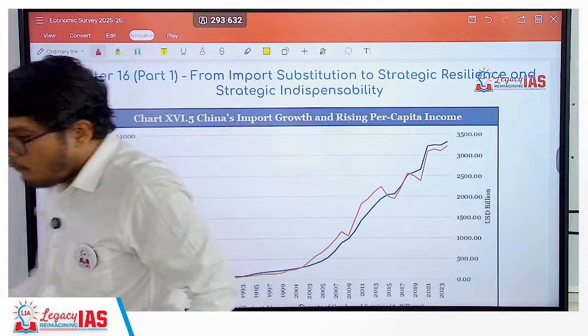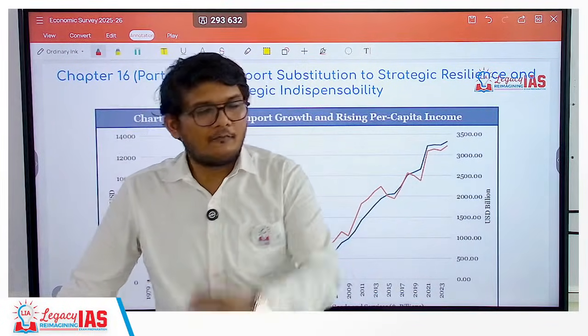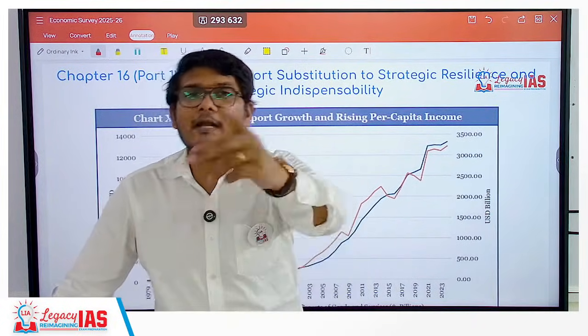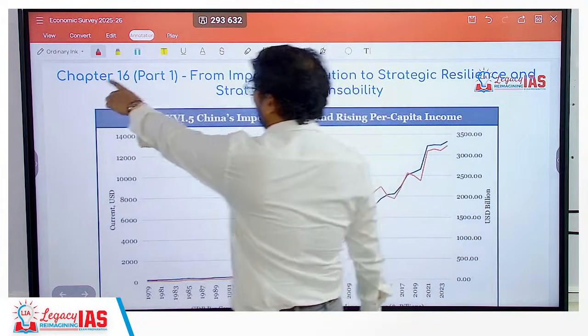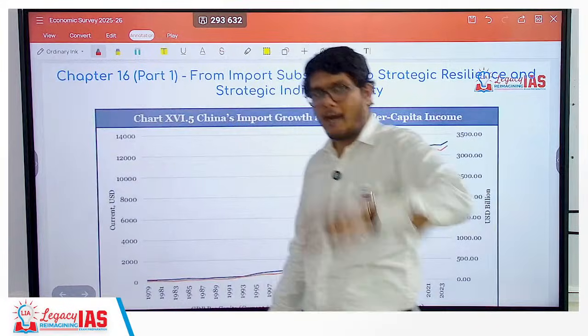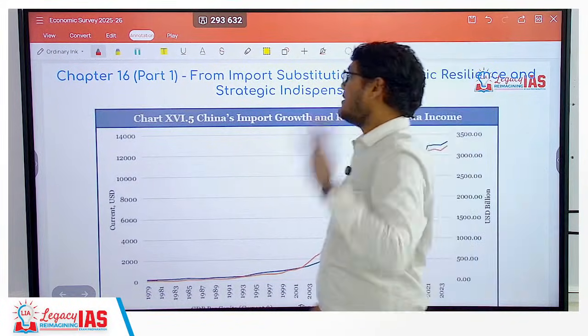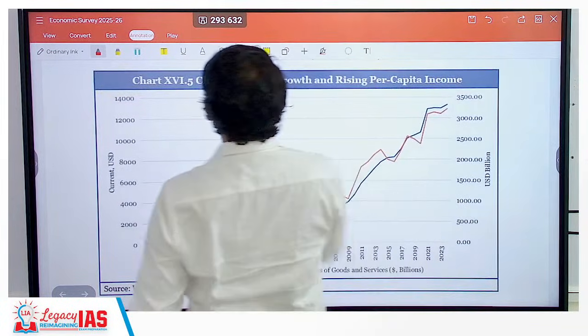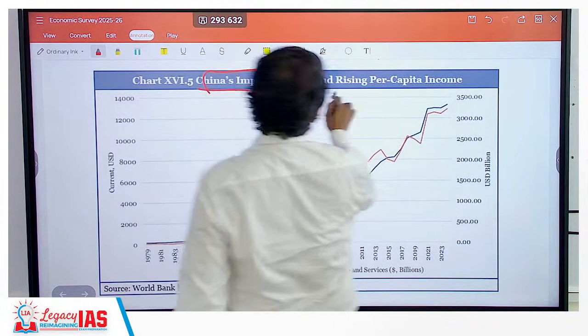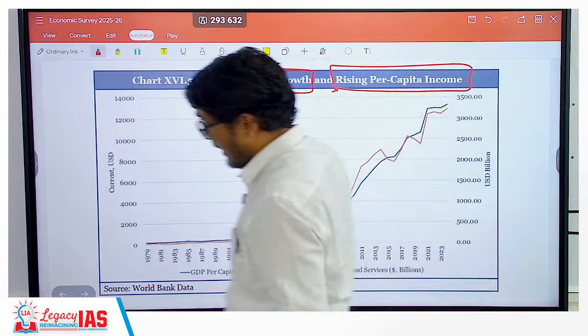Now we move on to the last chapter, very small again, but broken down into two. So we will look at both the parts. Chapter 16 part 1, chapter 16 part 2, that's how it becomes a total of 17 chapters. Here you are basically talking about China's import growth and the rising per capita income.